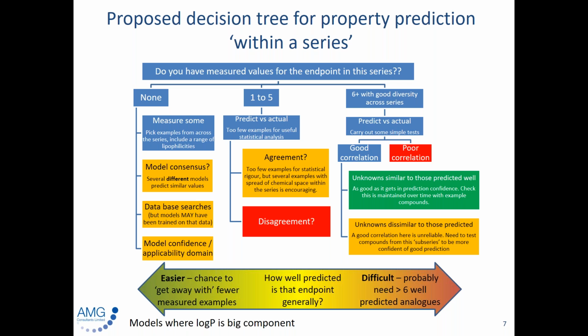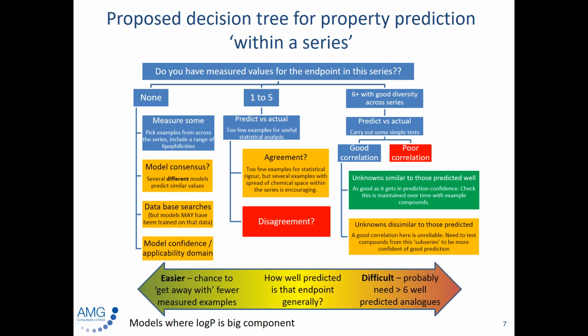Ideally, you'd want to measure some compounds. You could look for several different models predicting the same endpoint and see to what extent you get consensus between those models. Here, you're going to have to do some work to try to understand, are the models built in the same way or differently?